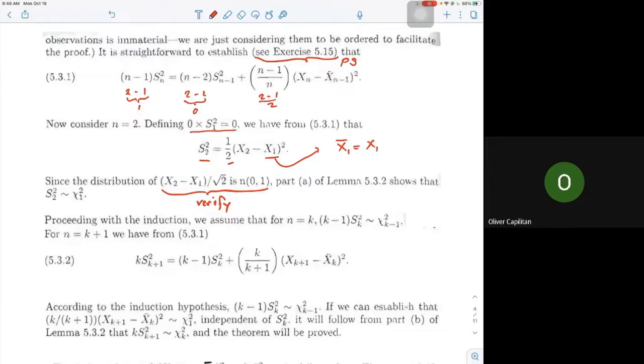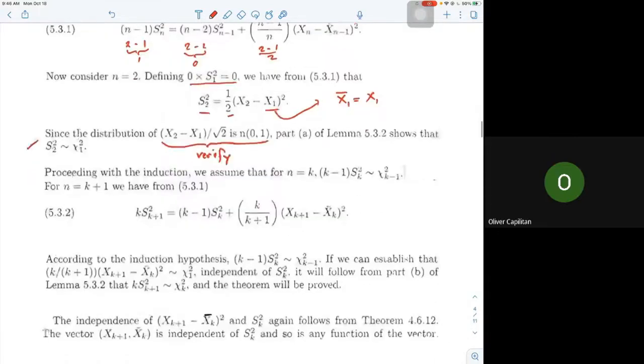Based on our lemma that I stated a while ago, the square of this standard normal will have a chi-square distribution. So this is true. We have verified the first part of the principle of mathematical induction.